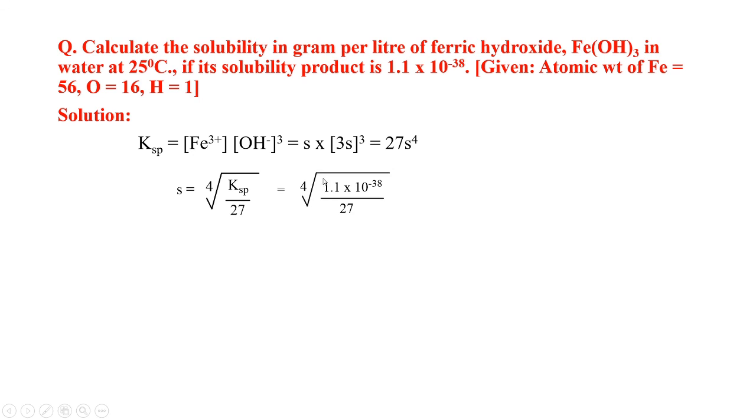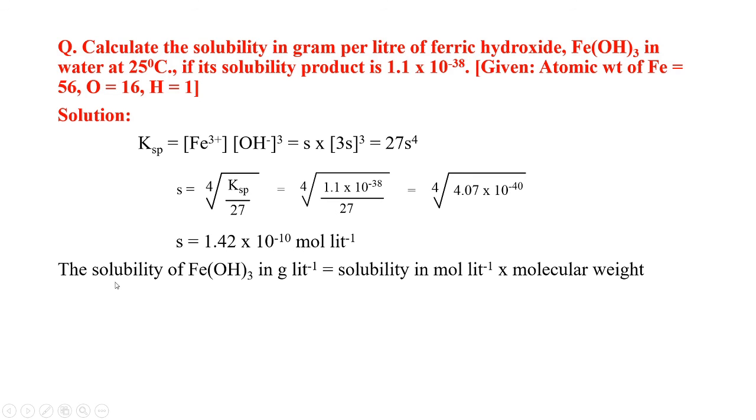Which is equal to fourth root of 1.1 into 10 raised to power minus 38 upon 27. KSP value is 1.1 into 10 raised to power minus 38. So, fourth root of 4.07 into 10 raised to power minus 40. Finally, the solubility of this salt S is equal to 1.42 into 10 raised to power minus 10 mole per liter.